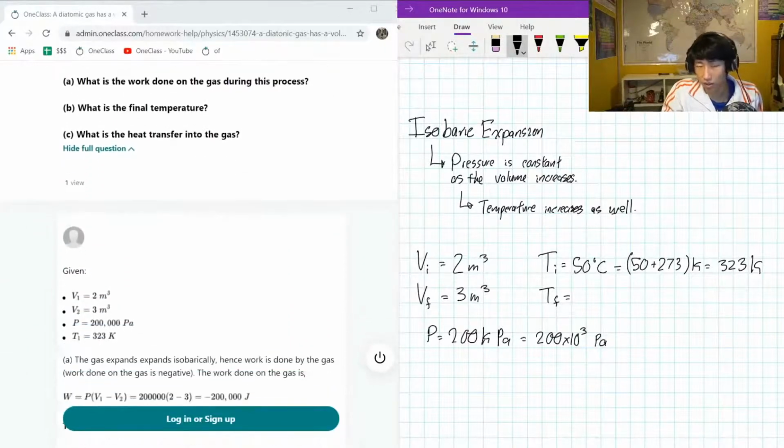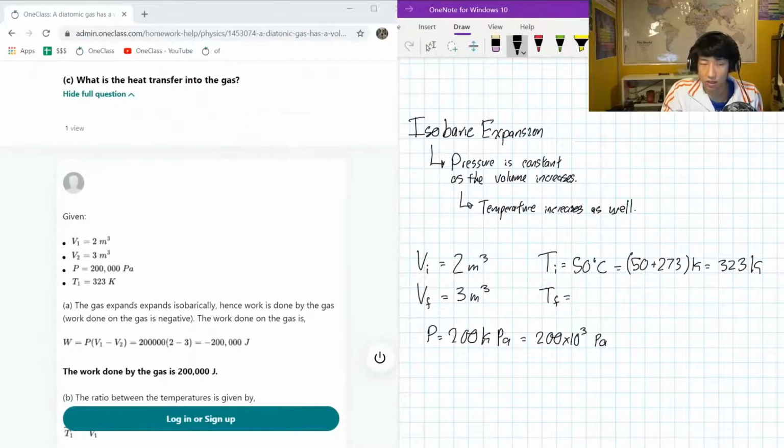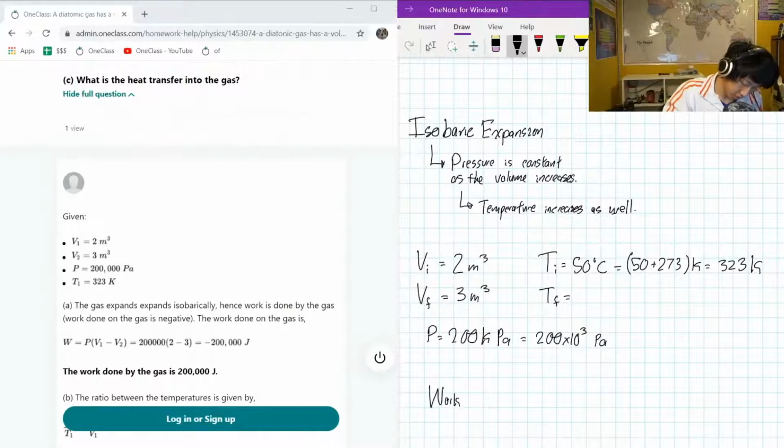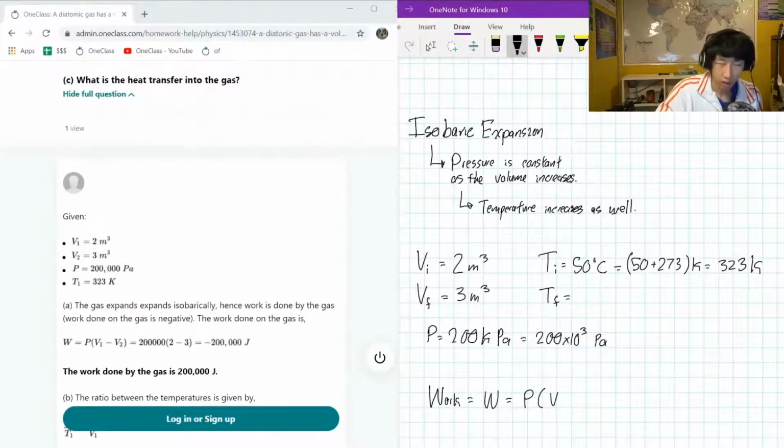Now, the equation that we want to use here is this equation right here for the work done. So work done is represented with W for work, and is going to be the pressure times V1 minus V2. Now the reason why we're doing V1 minus V2 is because normally when you do change in things, you're doing the final minus the initial.